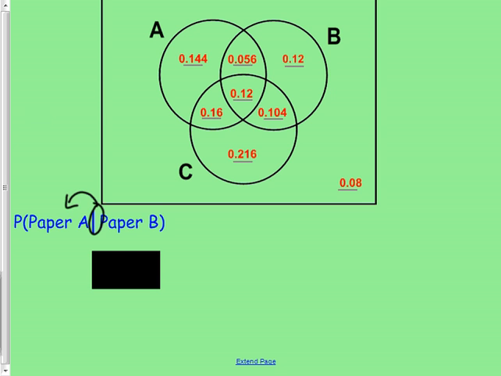So let's do the given, let's say assume for a moment that it's given paper A. What does that mean? That means that only paper A is an option. Do you get that? I'm going to cross off all of these then. Now what's the probability of paper B?